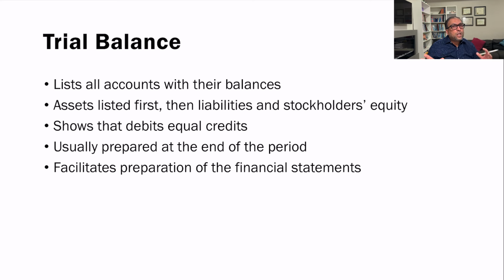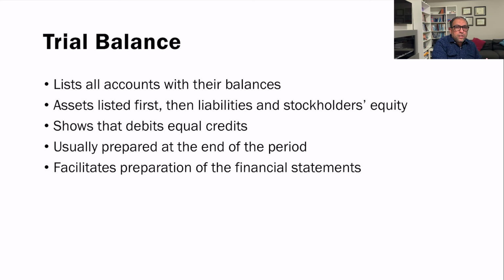So the trial balance should be equal on both sides, on the debit side as well as on the credit side. So assets are listed first and then liabilities and shareholders equity, showing that debit equals credit, usually prepared at the end of the accounting period. So you see the process.